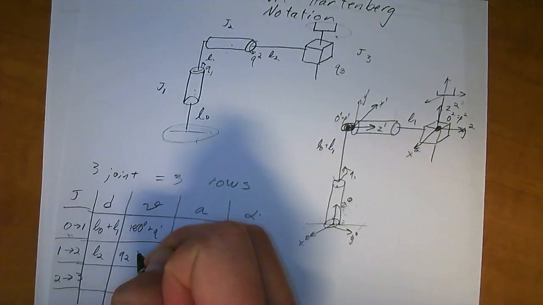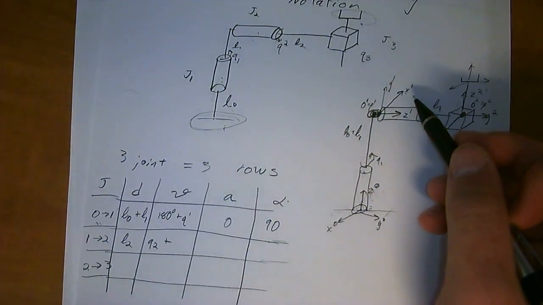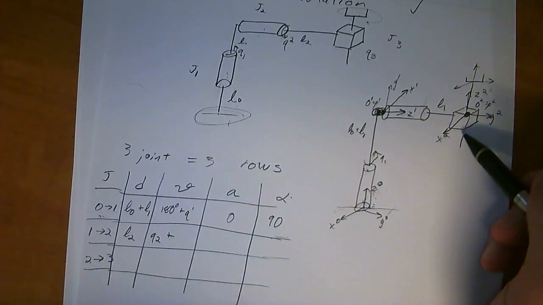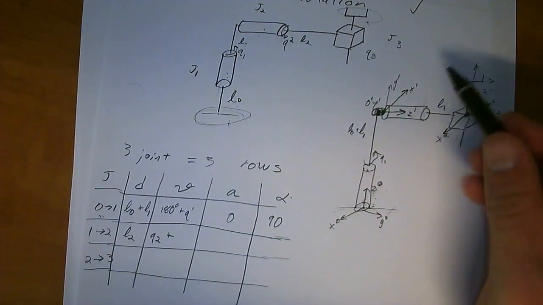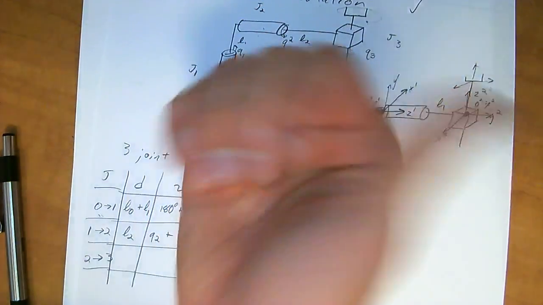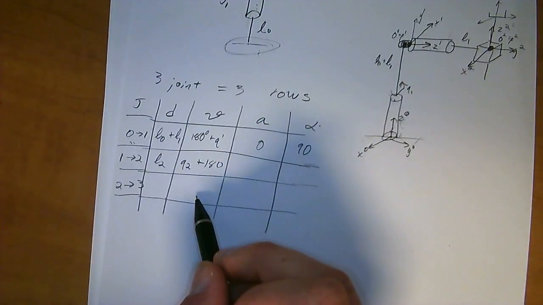So you're going to have a Q2 plus, well, going from X1 to X2 about the Z1 axis, right-hand rule, it's a positive rotation of 180 degrees, so 180.